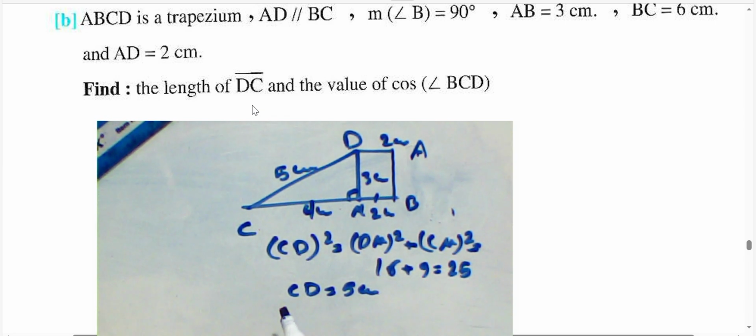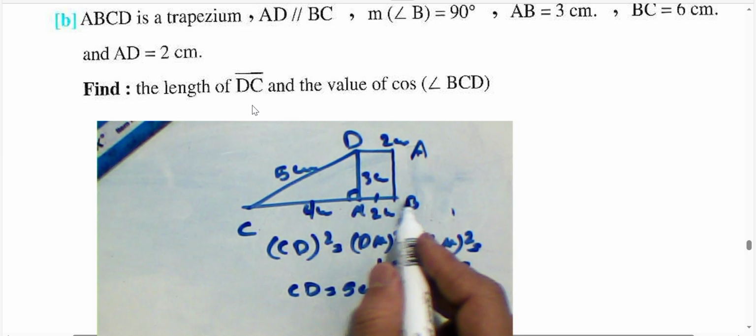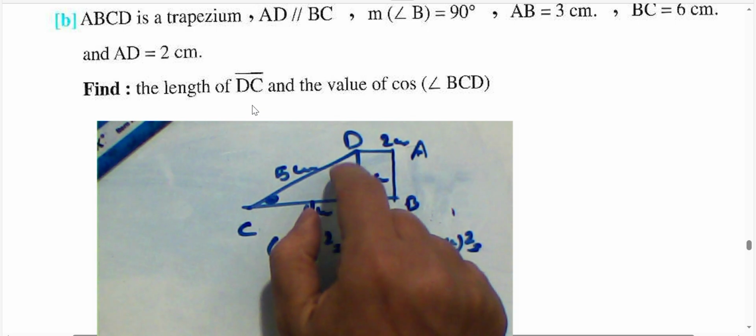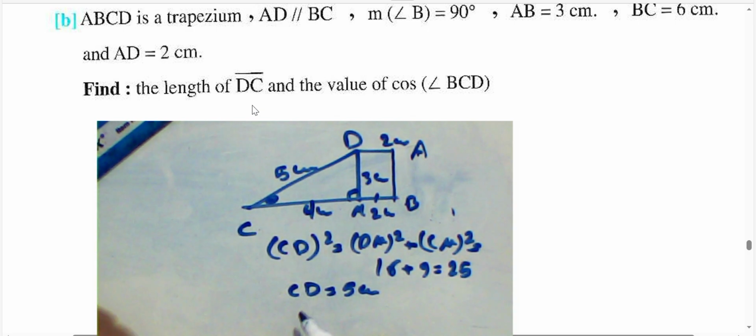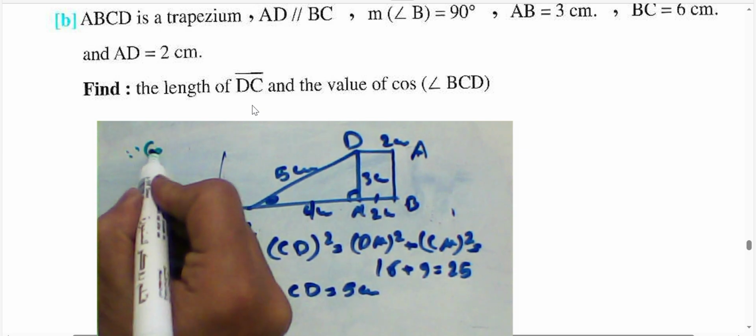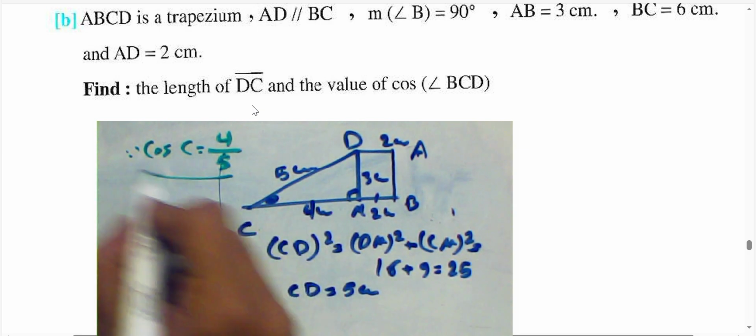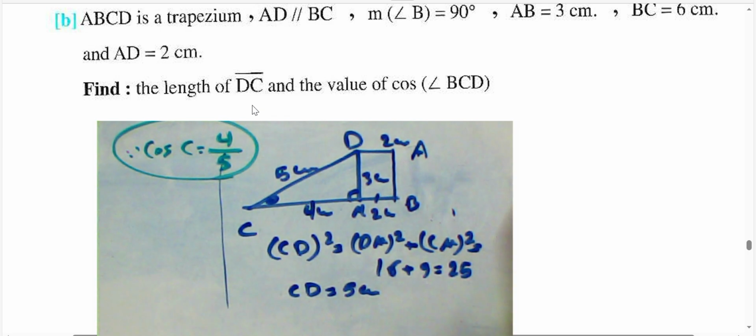Okay, and next we can find the measure of angle BCD, this angle, not ABC. He wants the measure of angle BCD. This angle is in a right angle triangle, so we can use any trigonometric function to find the answer, like choosing cosine angle C. We know cosine equals adjacent over hypotenuse, such that cosine angle C equals 4 over 5. Then we can find the measure of angle C by using the calculator.